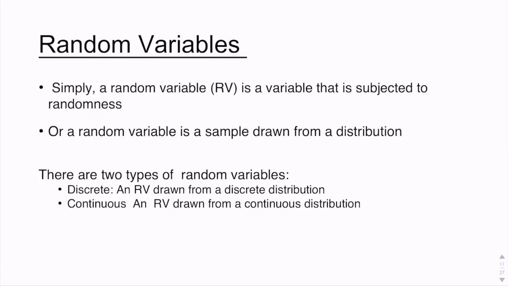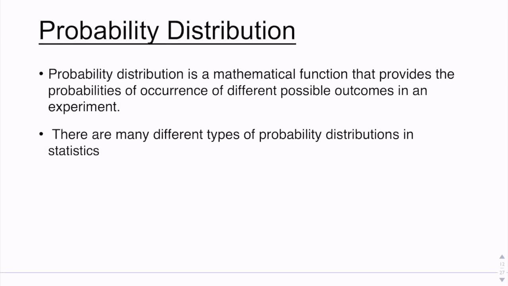So what are the continuous and discrete distributions? The probability distribution, as I said, is a mathematical function that provides the probability of a certain random variable occurring. That function is called a probability distribution. Or if you want to look at it another way, you're all familiar with the histogram.